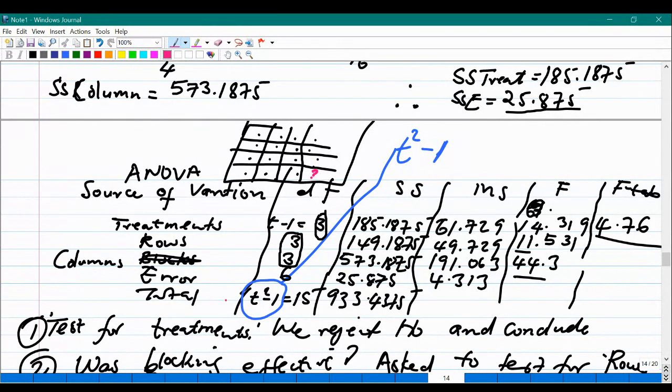Give me the degrees of freedom of total. Based on this, it's a 4x4 problem. What are the degrees of freedom of total? 16 minus 1. No, there's a missing observation. So it's going to be 15 minus 1.